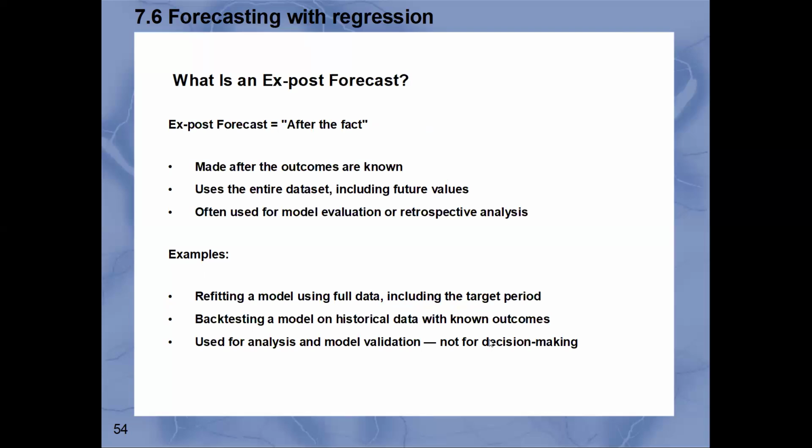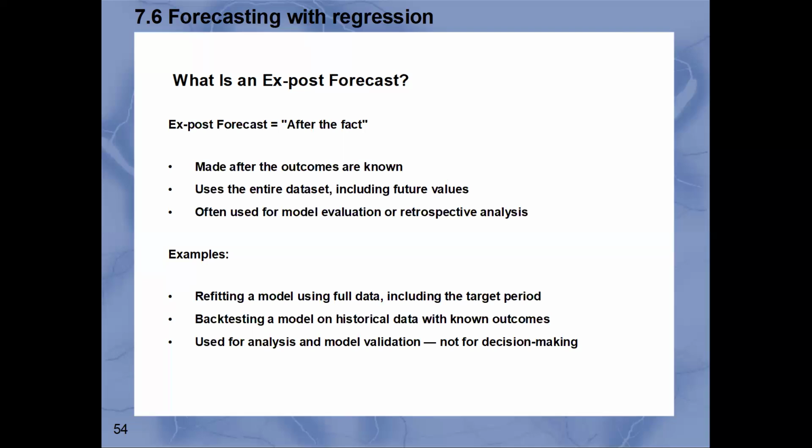With ex post, after the fact, these are made after the outcomes are known, and it uses the entire data set, including future values, and it's often used for model evaluation and retrospective analysis.